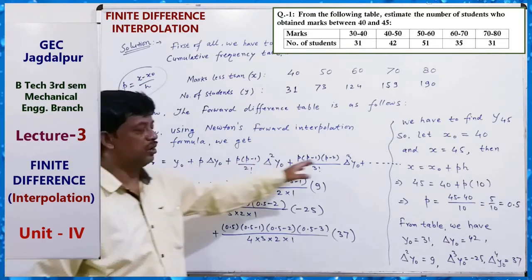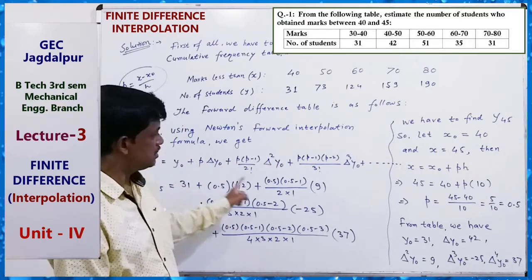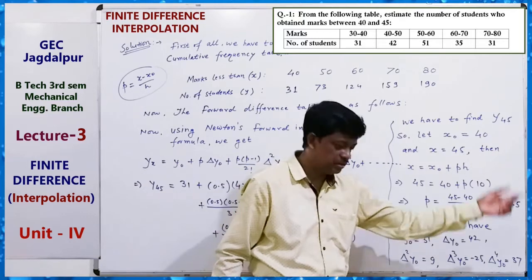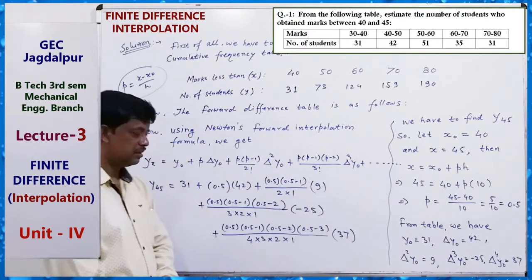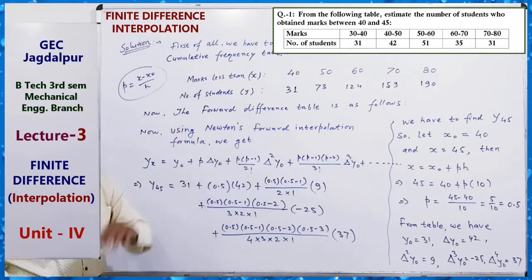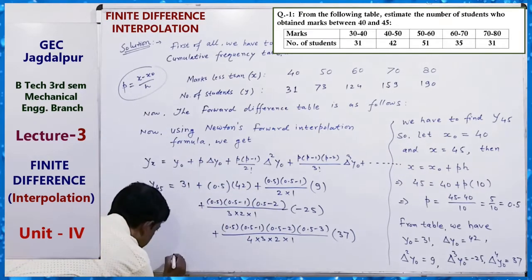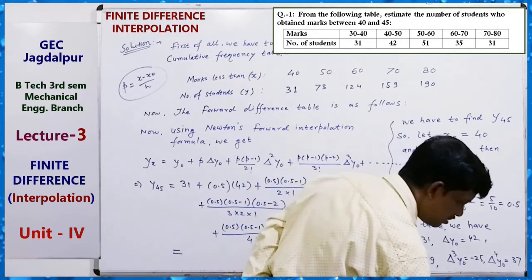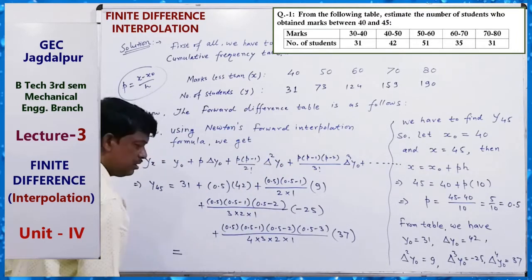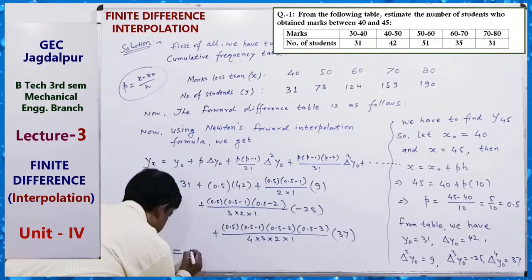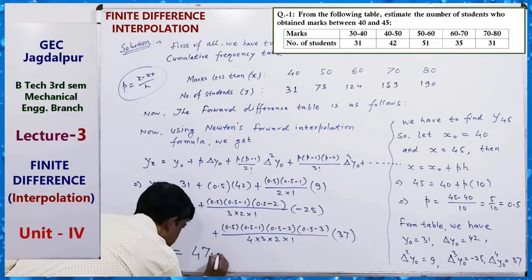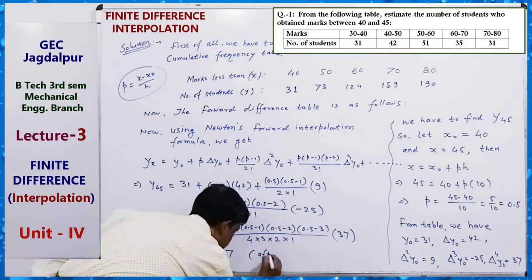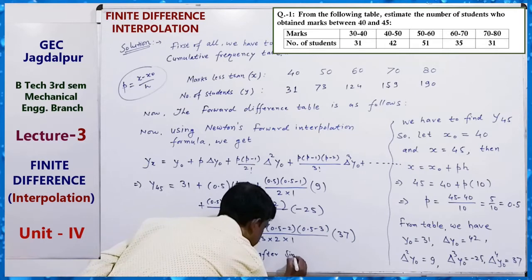Just use the formula, and in place of p use the value 0.5 and the differences from the table. Use these differences and just calculate. By using a calculator you can do it. 47.87 after simplification.